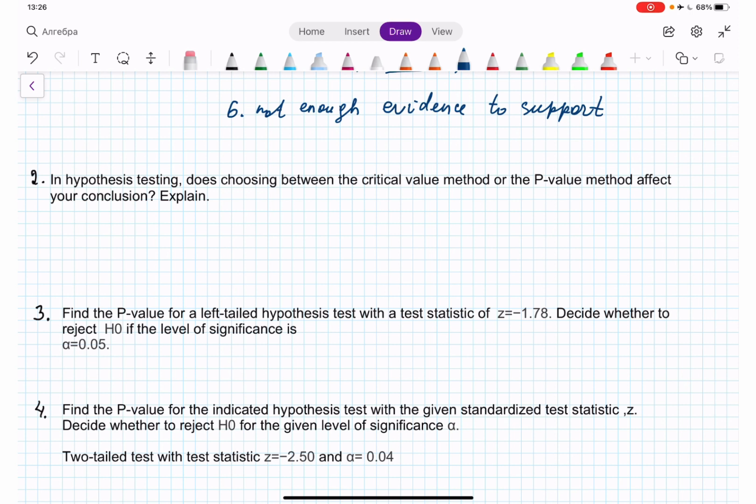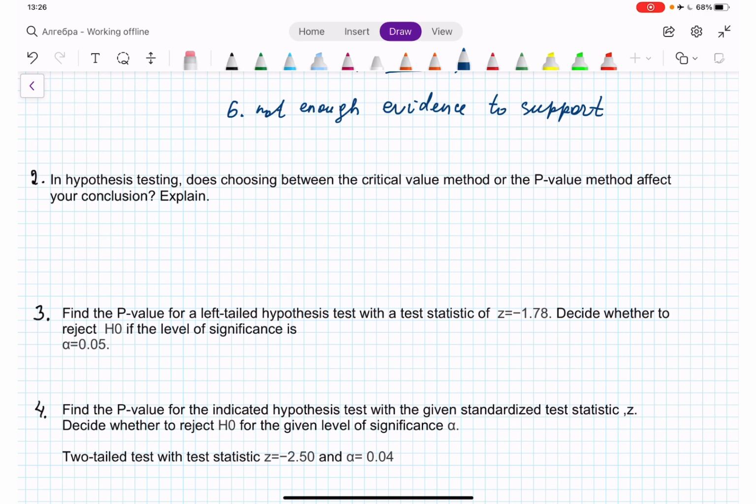So, in hypothesis testing, does choosing between the critical value method or the p-value method affect your conclusion? Explain. So, let me bring an example, just like in algebra, you can solve a system of equations, for example, using the algebraic method and using the graphical method. Does it make any difference?